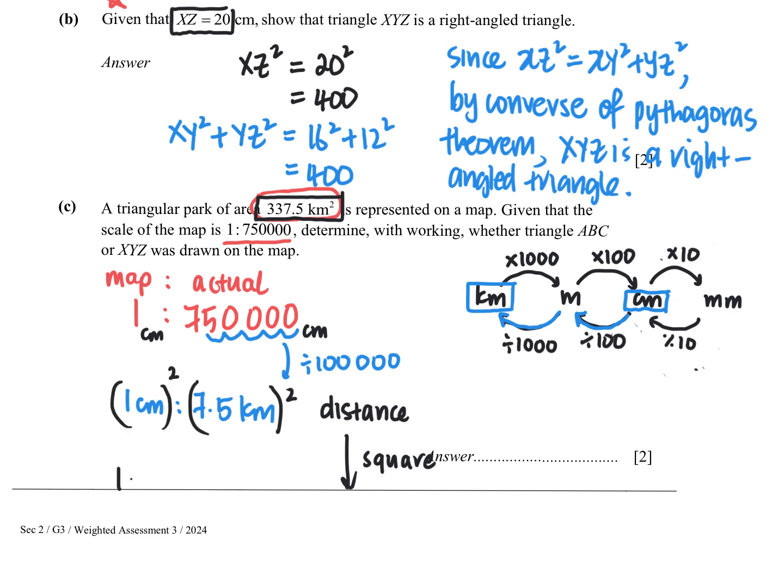So this will be 1 cm square. What is 7.5 square? 56.25 kilometers square. So on the road, this area is 1 cm square on your map, a very small area.